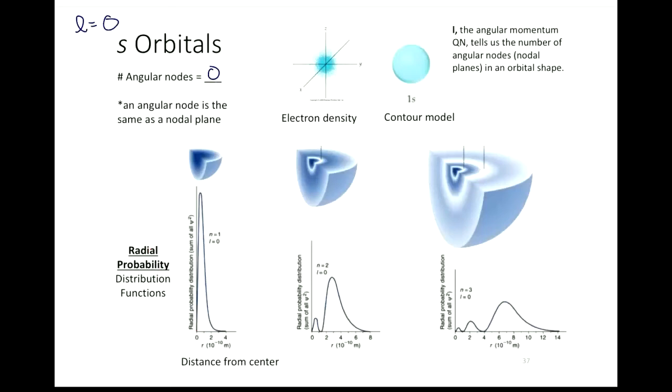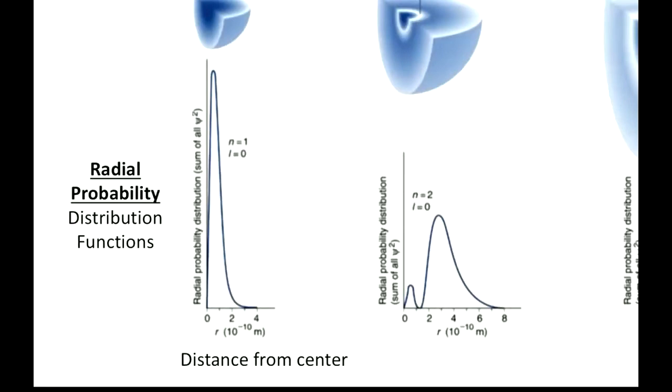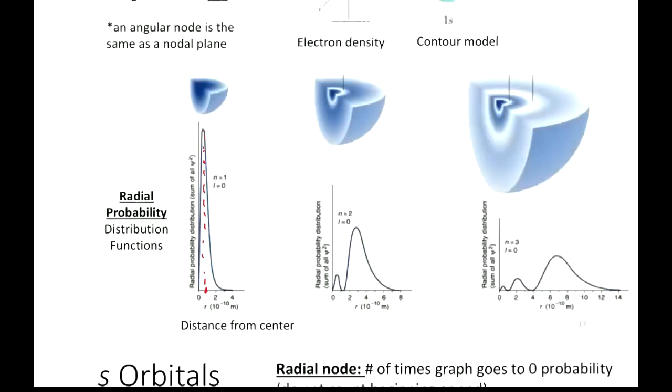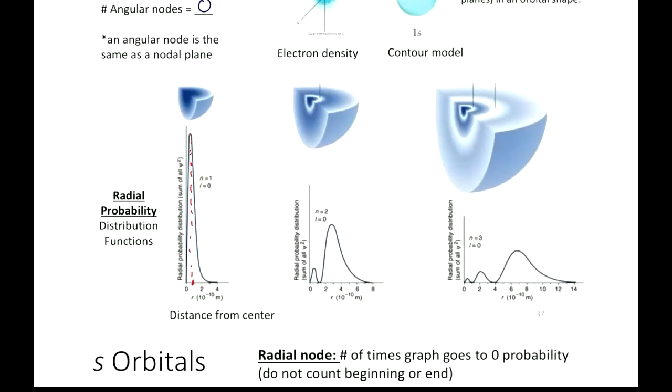What this graph is showing is that you will most likely find that electron at this distance from the nucleus, around 1 angstrom away. When the graph peak is high, it means there's a high probability. Versus if you're 5 angstroms away from the nucleus, you won't find an electron with that quantum number.